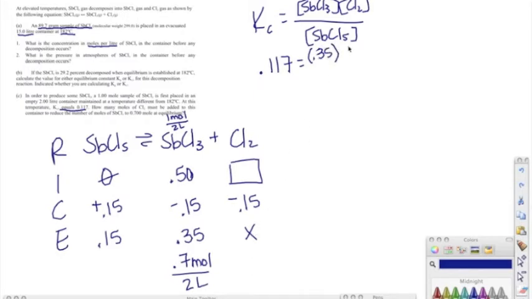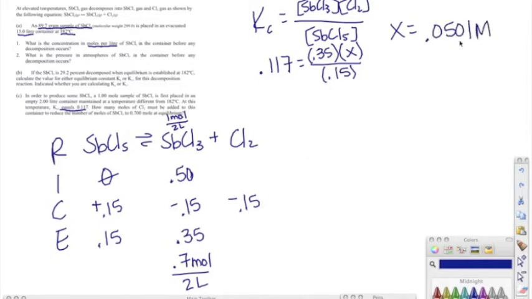We do not know chlorine, so that's going to be our X. And we know the concentration of the SbCl5 is 0.15. So rearrange all this and solve for X, and you get X equals 0.0501 molar. That's practically 0.05. So this is what we want our equilibrium concentration to be.